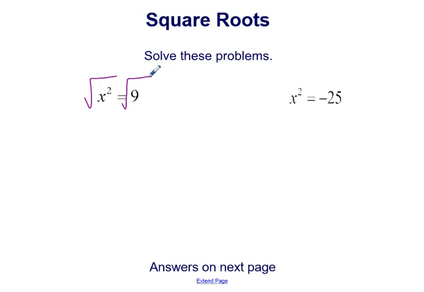And in the second problem, look at x squared equals negative 25. When we take the square root of both sides, think about whether that's the positive, negative, or plus or minus square root, or if it's even possible, because now we have a negative sign underneath the square root.